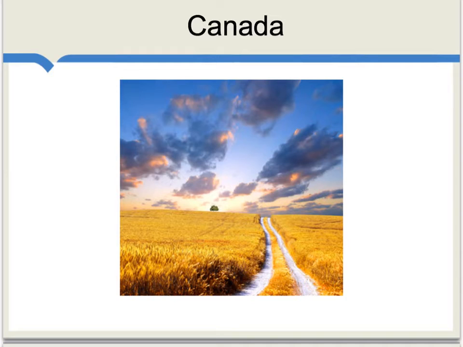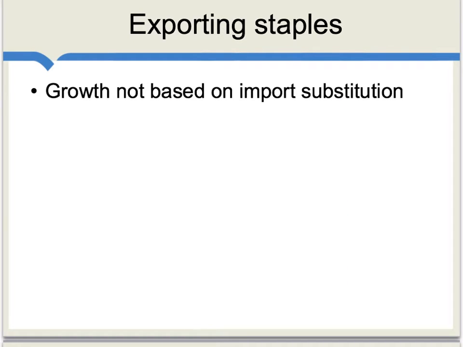In neither the case of Argentina nor Canada do we see the classic process where high tariffs are imposed, some kind of import substitution goes on that leads to a significant growth of Argentine and Canadian manufacturing, and that drives economic growth. No, that's not what we're seeing. We're seeing the growth driven by staple commodities in a manner which would appear to have not so much to do with the tariffs. So again, it seems this growth is not based on import substitution.